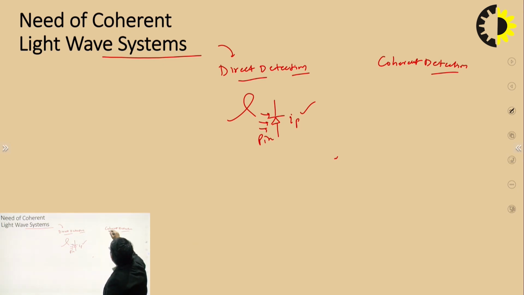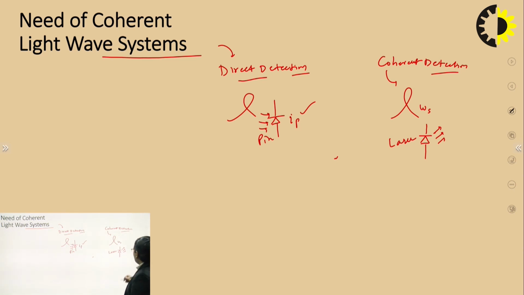Whereas in the case of coherent detection, we have the fiber, then we have the signal from the fiber, then we have a local source, laser, and this is WLO. Power corresponding to the signal is PS and corresponding to the local oscillator is PL.